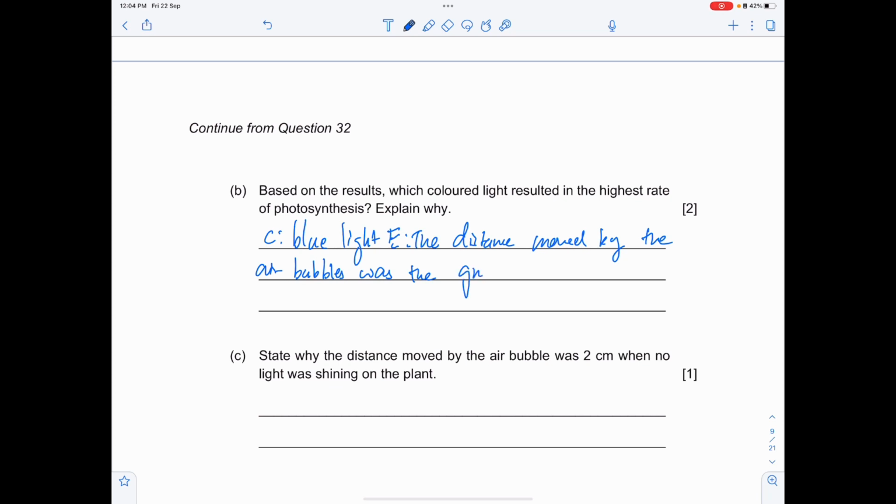So you have to compare and contrast. Okay, so why?